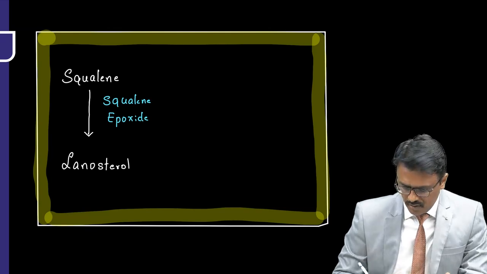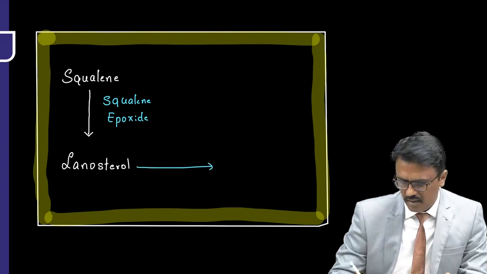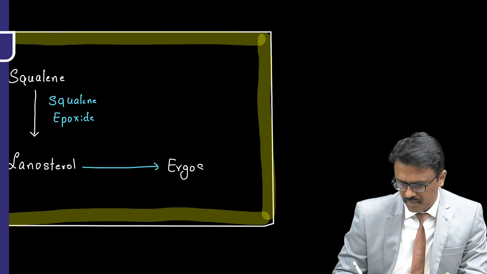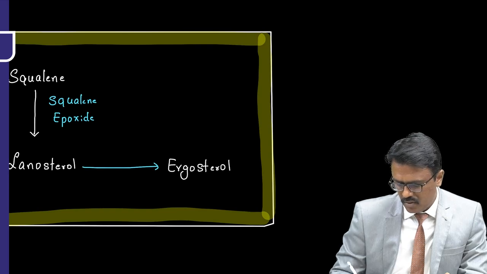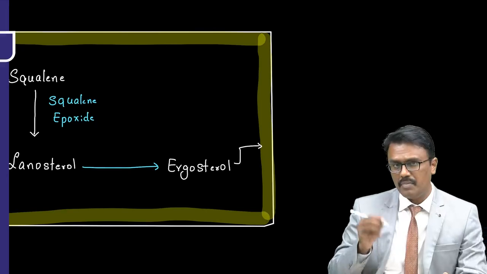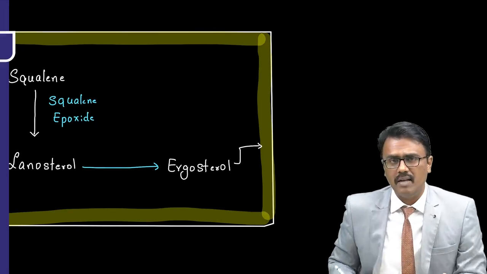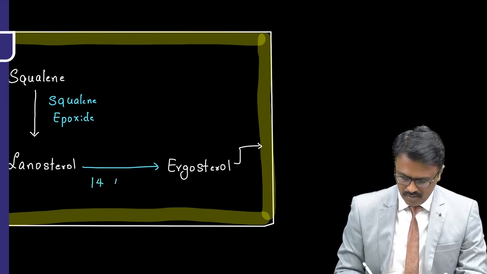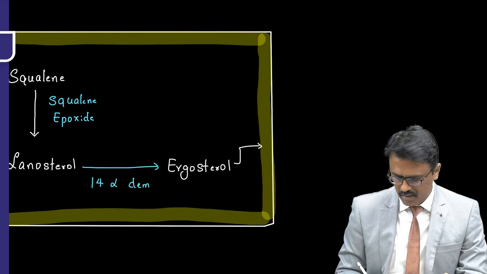Now, this lanosterol is converted into another thing that is called ergosterol. This ergosterol is required for making the cell membrane. Remember, it is required to make the cell membrane, and the enzyme which does that job is called 14 alpha demethylase.